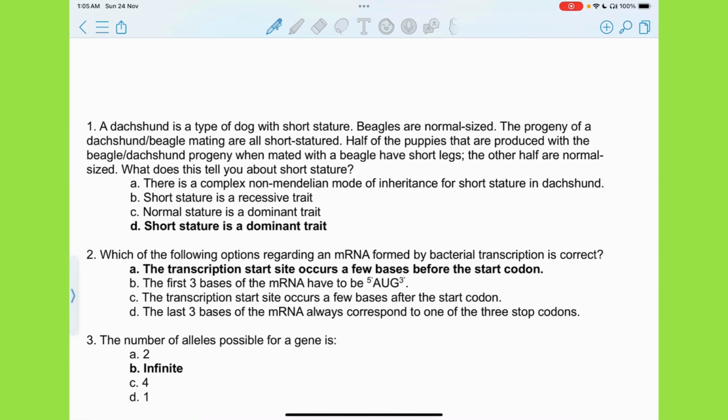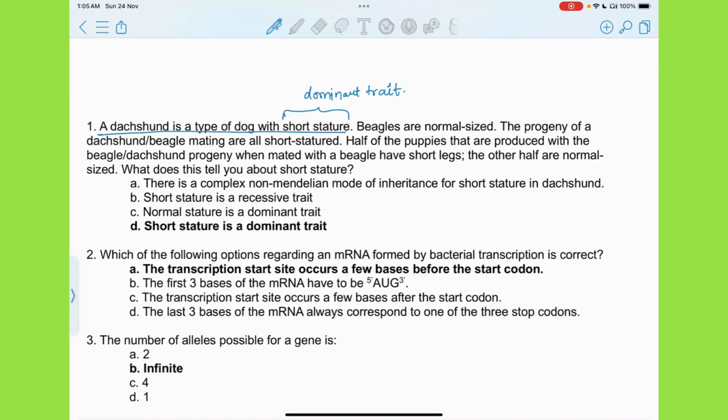Okay, we'll go from statement to statement. The observation says that all the progeny of the Dachshund beagle mating are short stature. So this suggests that short stature is a dominant trait. Let's see what confirmatory statement it gives ahead.